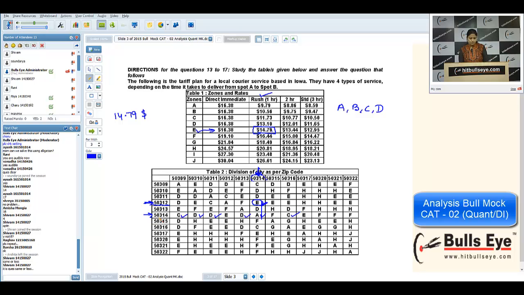Now Jack, who is staying at 5314, he wants to invest less than 14.79 using the rush service. Now I'm going to the rush service table. Less than 14.79, there are 4 options. They are A, B, C, D, because their costs are less than 14.79. So Jack can use either A or B or C or D.